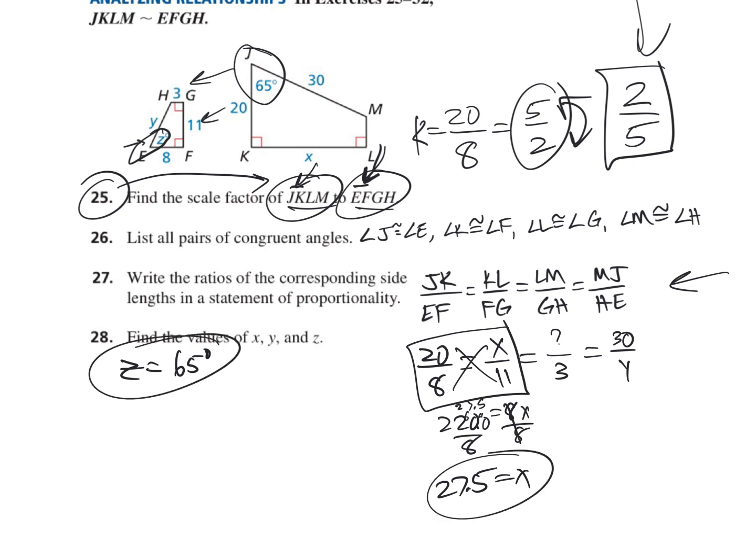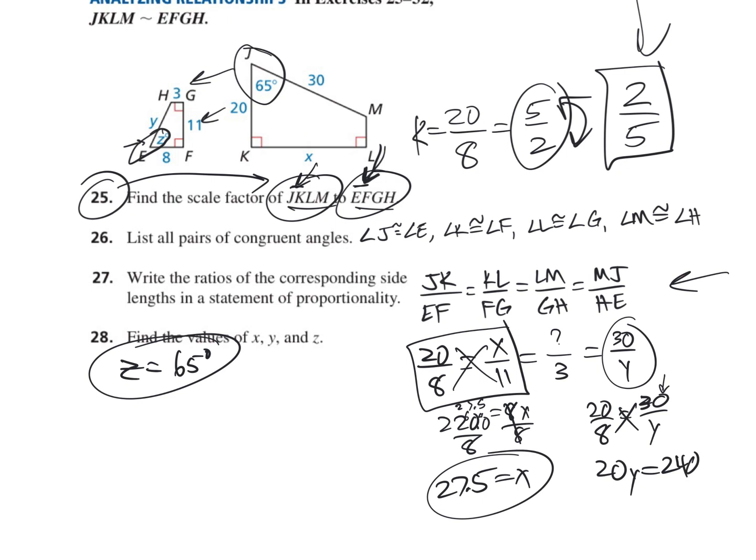Now how do we get Y? Well, let's use this ratio with the 20 over 8. So 20 is to 8 as 30 is to Y. 20 times Y, and 8 times 30 is, 8 times 3 is 24, add 0.